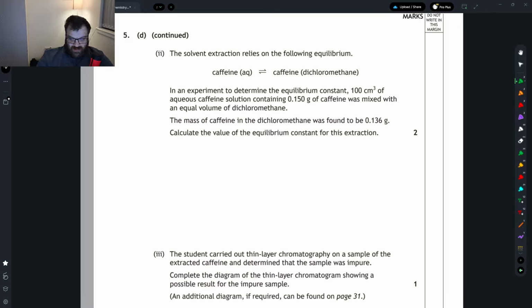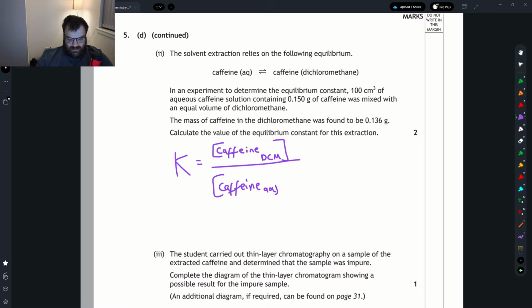So our K is going to equal the caffeine in the dichloromethane divided by caffeine in the aqueous layer. Importantly here, this is the total caffeine that we have got. So the top layer and bottom layer added together would give us that number.